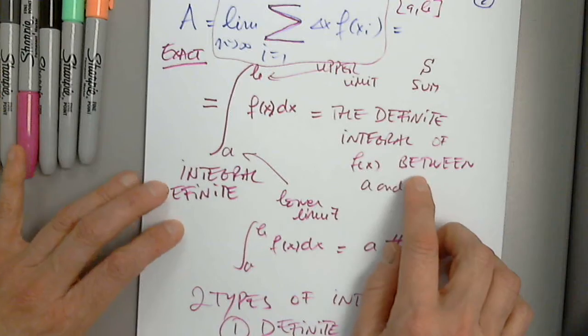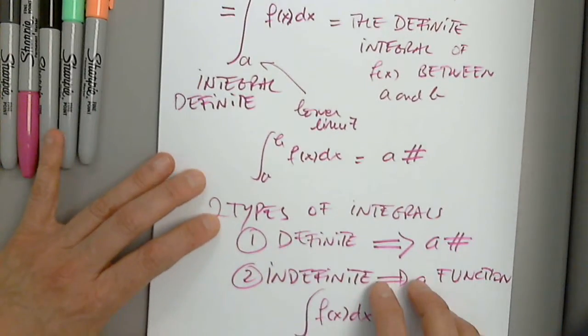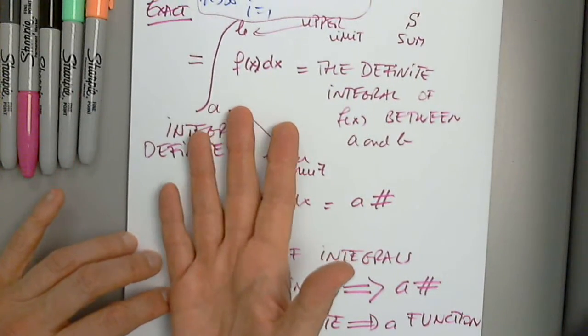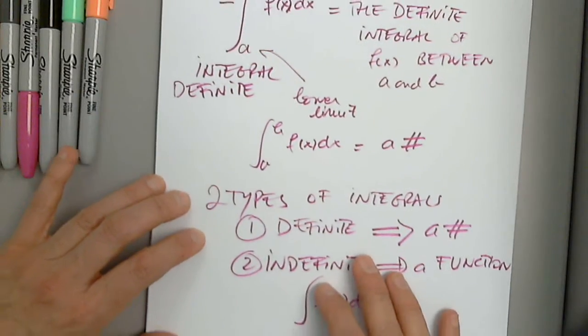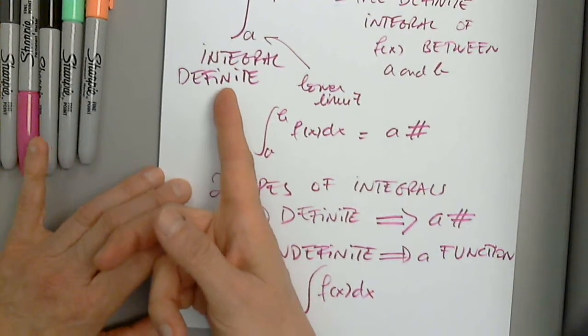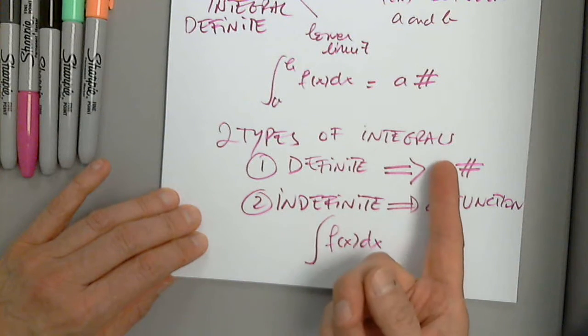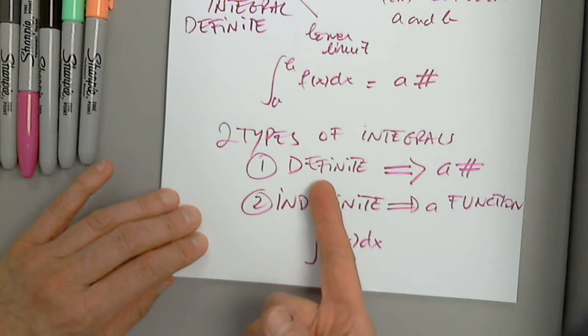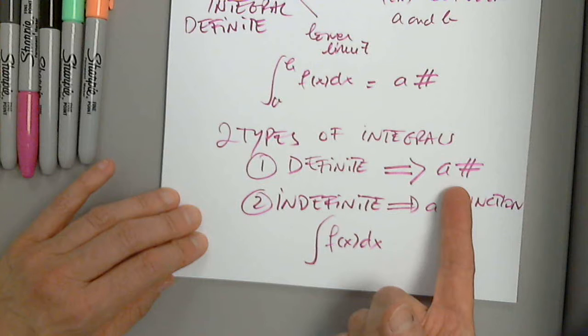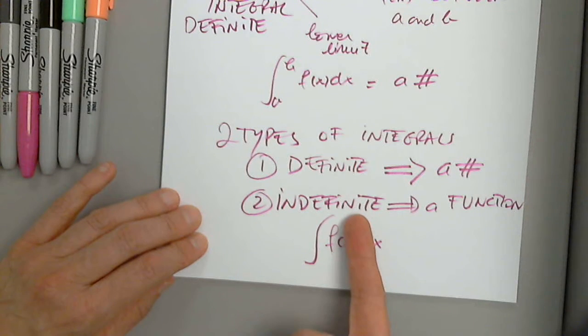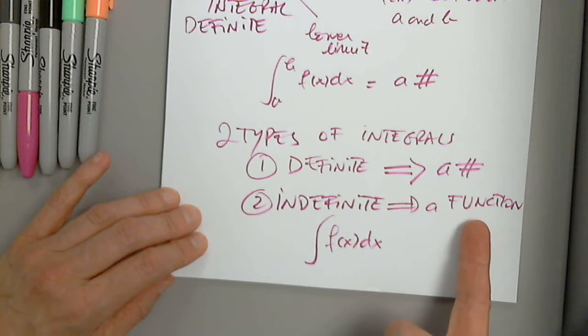This is the definite integral of f of x between a and b. It's still the area under the graph of f of x between a and b. It's a definite integral. It will always give us a number. There are two types of integrals that we will see. One is called definite, which will always give us a number, and the other one is indefinite, which will always have an answer, a function, or a family of functions.